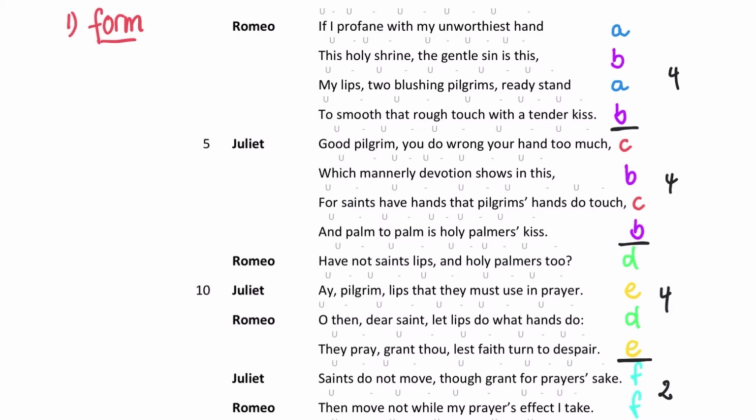The fact that this sonnet deviates a little bit from the regular rhyme scheme, normally you would have A, B, C, D, C, D. So the fact that we've actually got C, B, and C, B again underlines the message of this love poem.